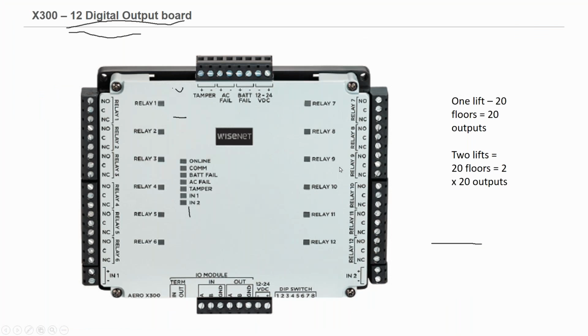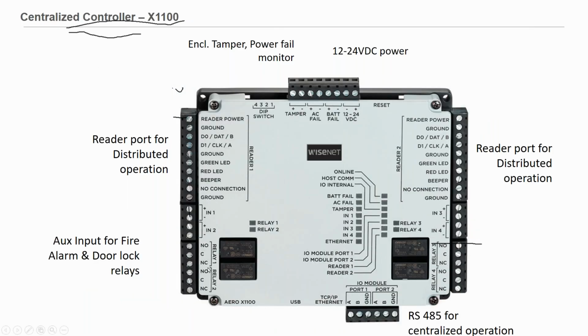Next is output. So let's say you want to have a lift and you want to control every floor. Let's say I have access and there are 20 floors and I can access only the 20th floor. The other floors should be locked. That means you want to control every floor. So when I swipe the card, I have to control 20 relays, 20 floors. In that case, a reader board has only two relays, not enough.